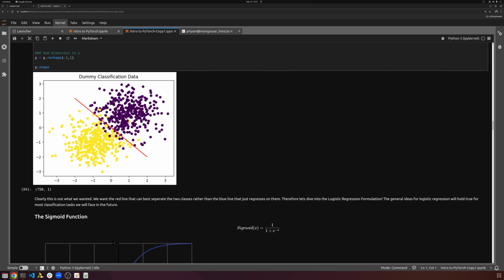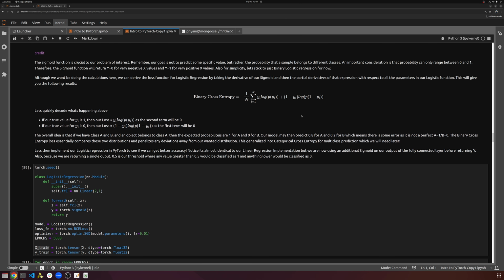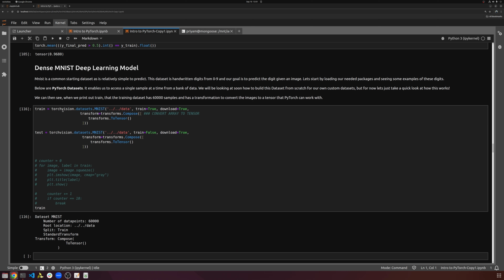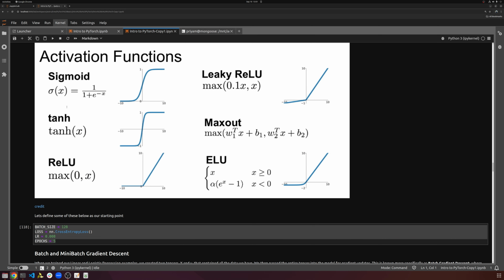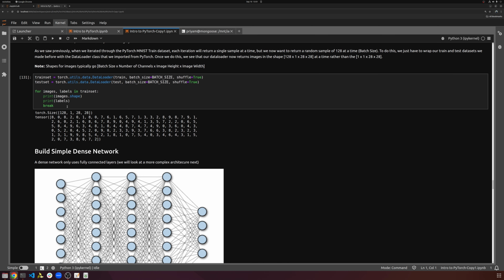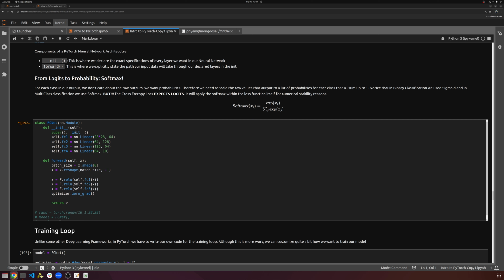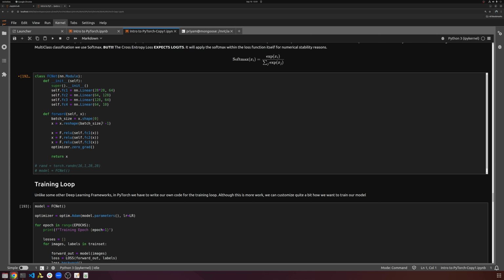We can do the same thing for classification tasks. We can use binary cross-entropy loss, which is what we use in the case of binary problems. If we have more than two classes, then we can move on to categorical cross-entropy loss, which is what this MNIST data set was, right? And we talked about how neural networks are really just a stack of linear projections, a stack of linear layers, which is just multiplying data by some constant, but also including some non-linearity in between those things.